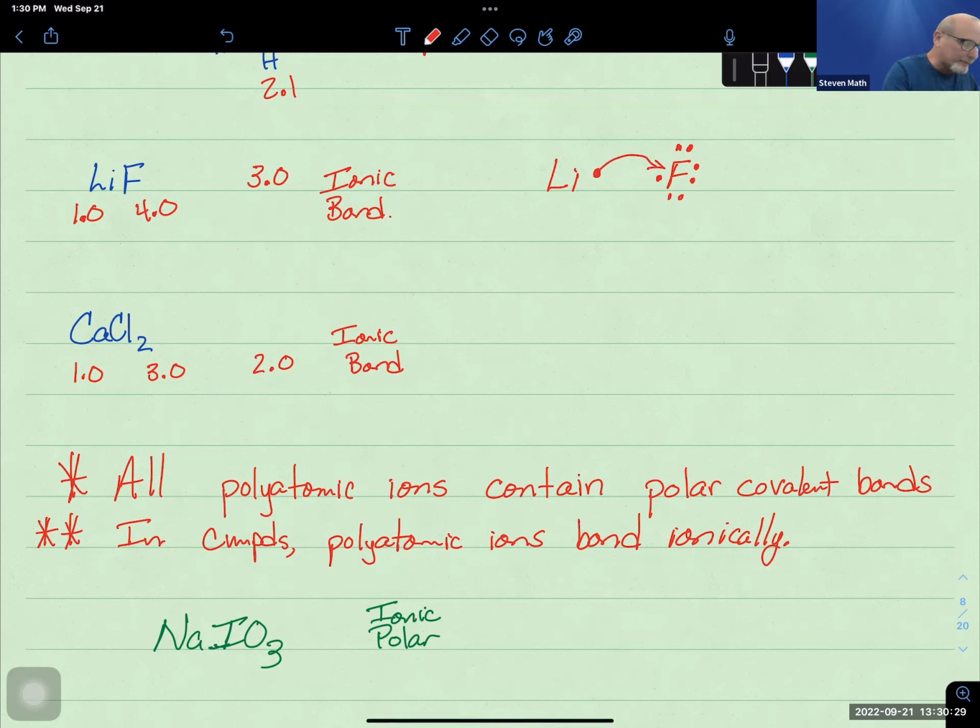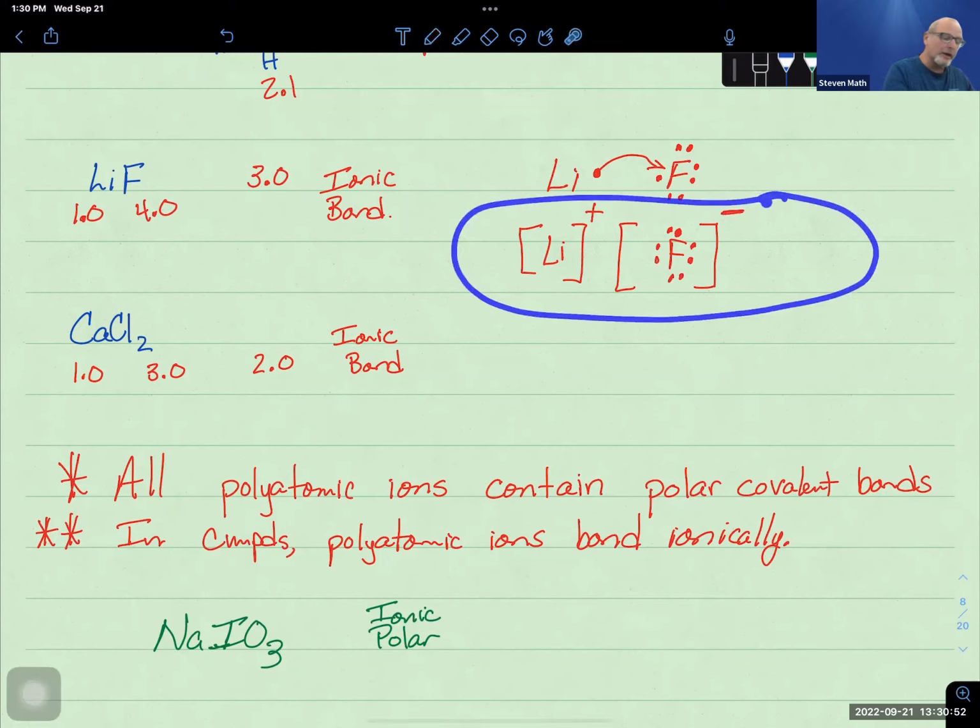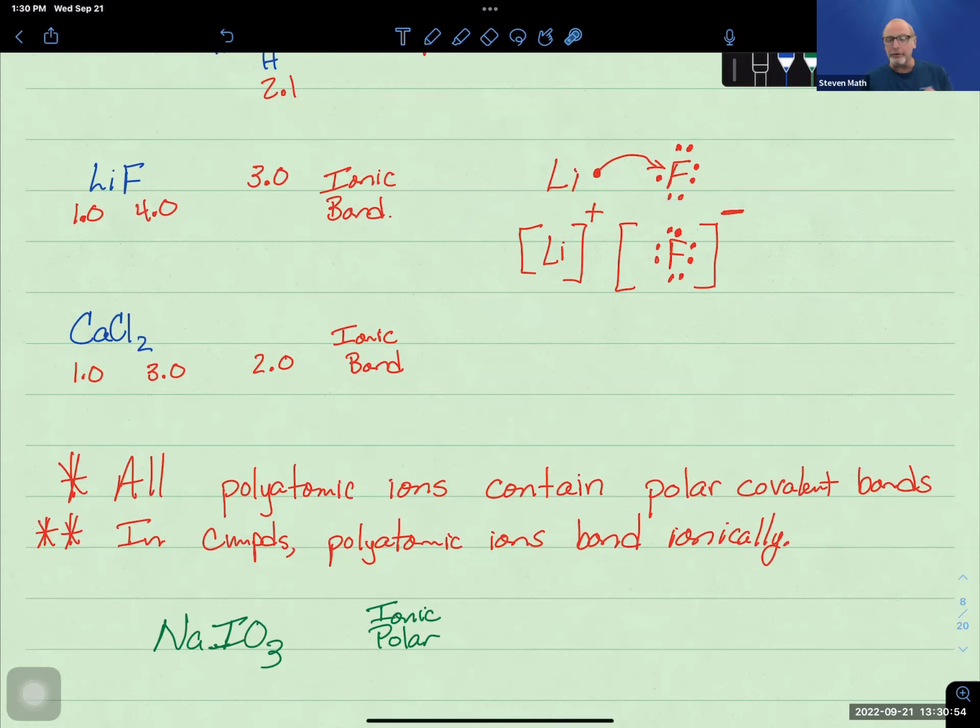Now, at that point, we've just created a lithium cation, and now we've created a fluoride anion. And what I've just done here is drawn the Lewis structure for an ionic compound.